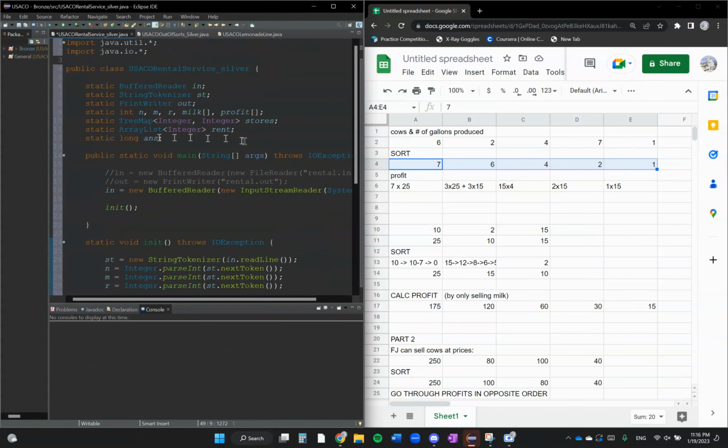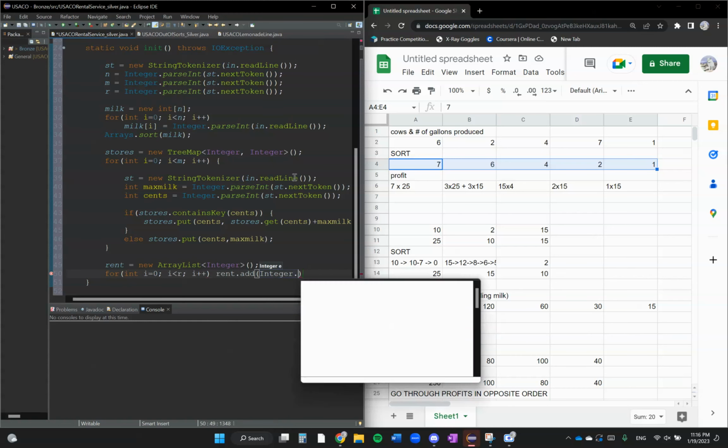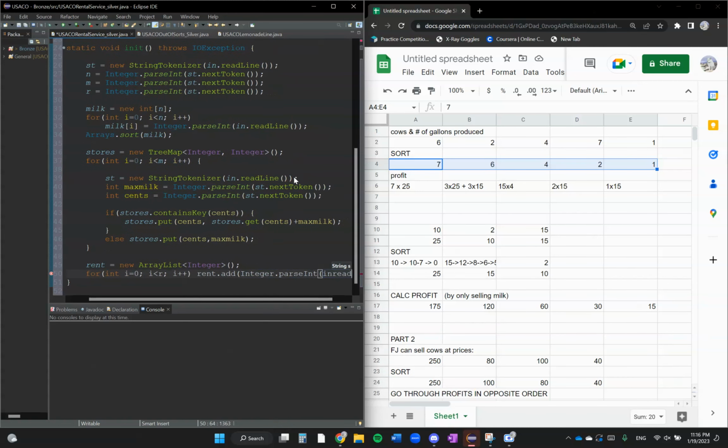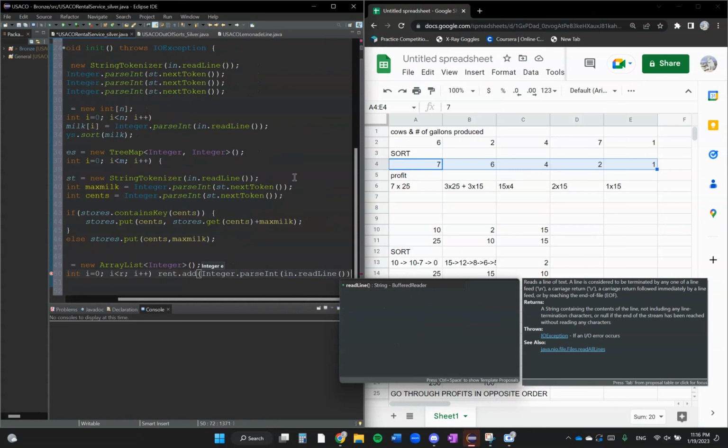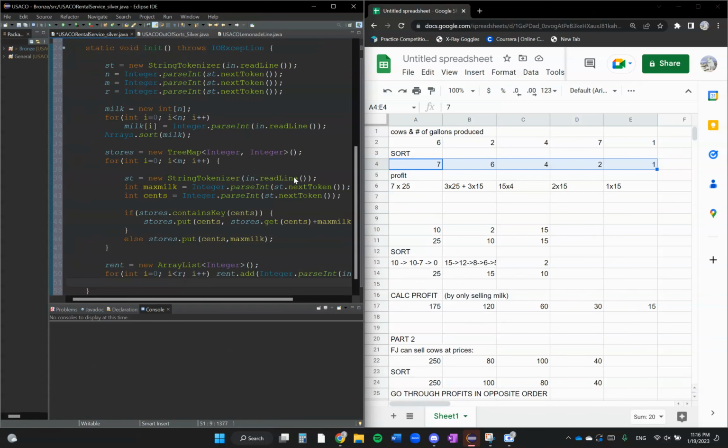And then we have to set rent, the array list. So rent equals new ArrayList of Integer. And then add the read line. I'm pretty sure these are on separate lines as well.